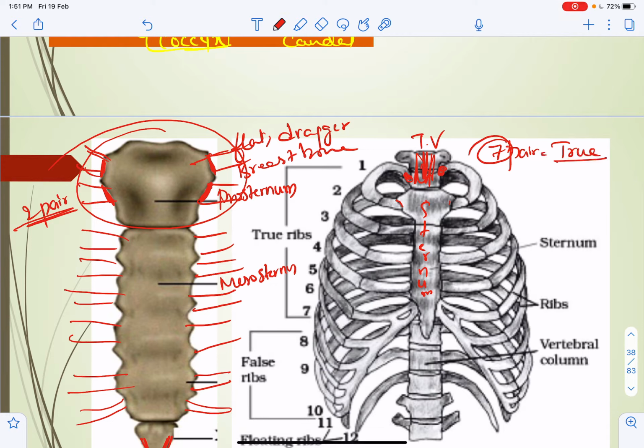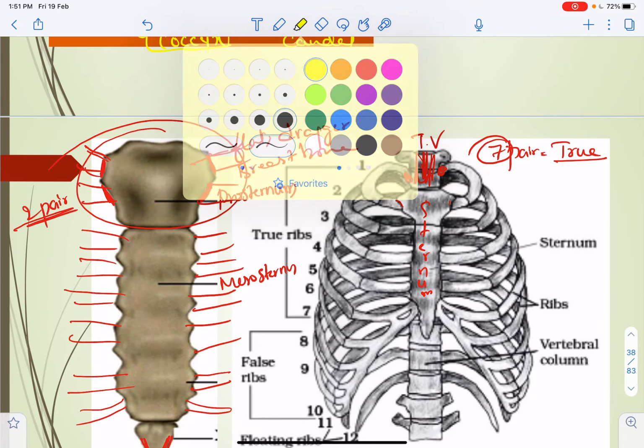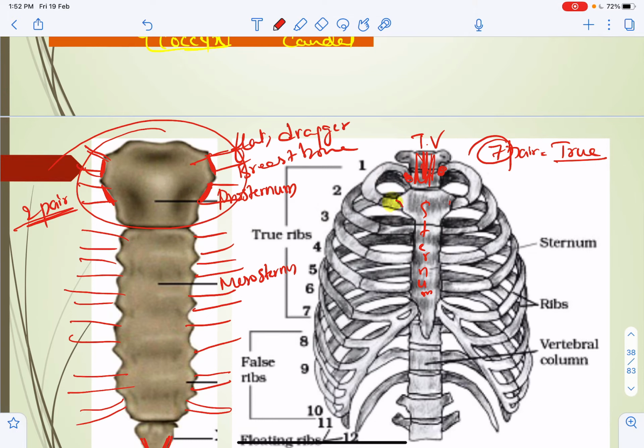So these true ribs, while they are attaching with the sternum, mainly in this zone we can see hyaline cartilage.